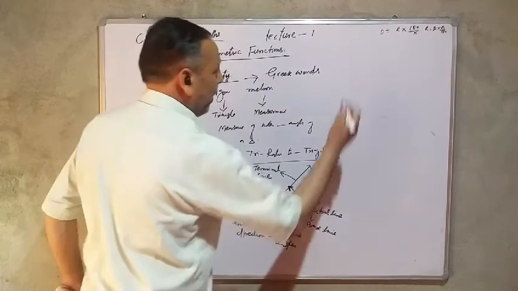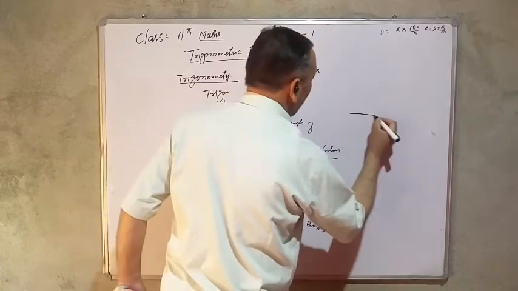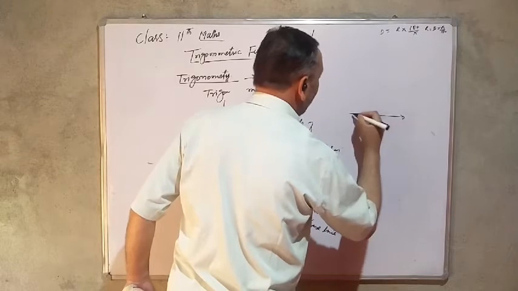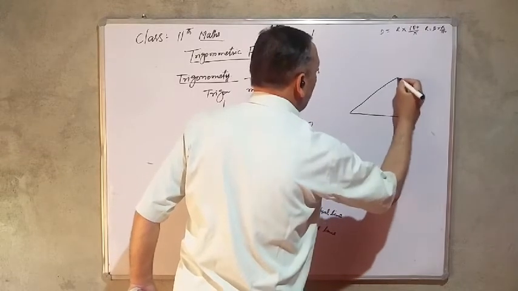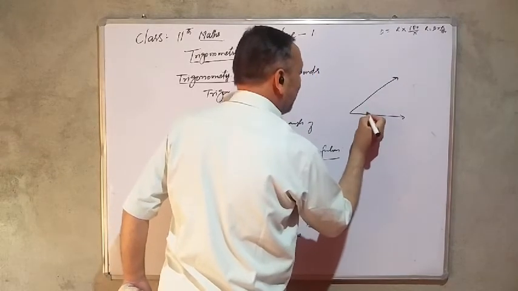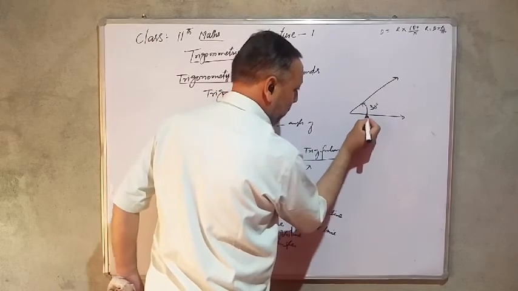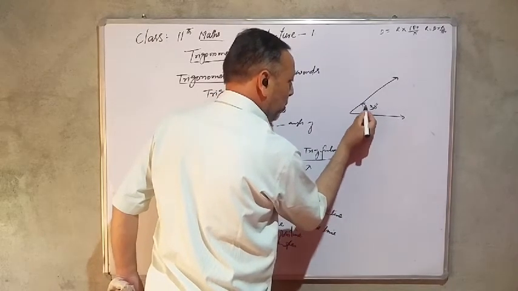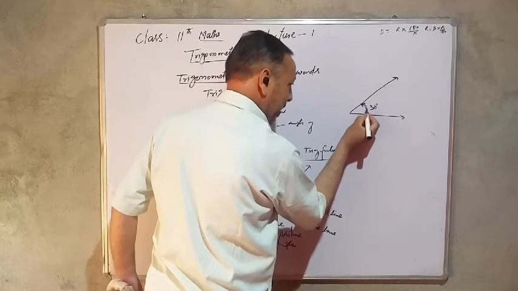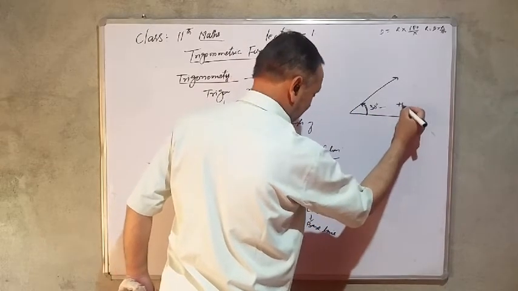For example, if I make a 30-degree angle, it starts from the baseline to the terminal line in the anti-clockwise direction. This is a positive angle.